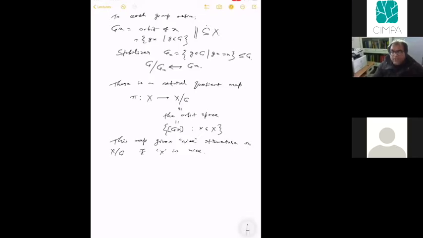Okay, let's keep it there. Now there are two definitions that we used in the previous lecture, and also I think you might have seen in yesterday's tutorial. These are general definitions you can define for any group action.